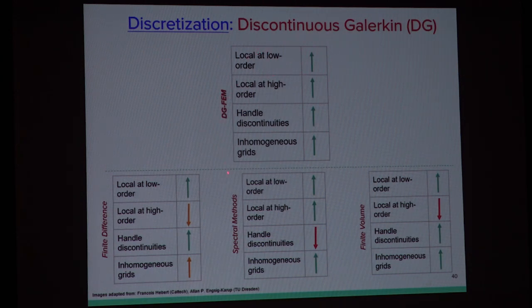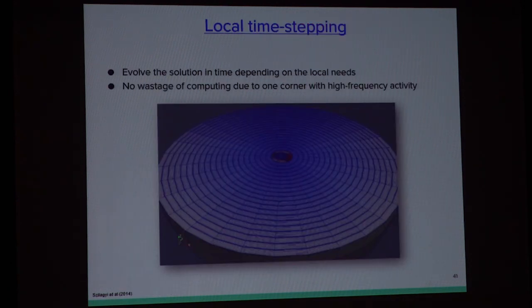So you can see when we compare them with spectral methods, the clear advantage is they can handle discontinuities. When we compare them with finite difference methods, the main advantage is that these DG methods are still local when we require high order accuracy, right? And same thing with finite volume methods, although these are more used in engineering simulations than GR simulations.